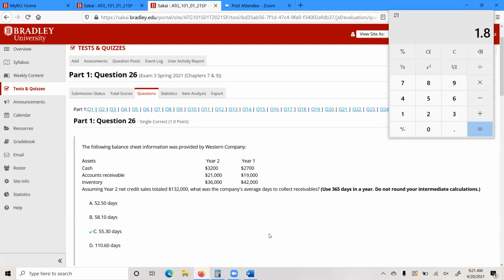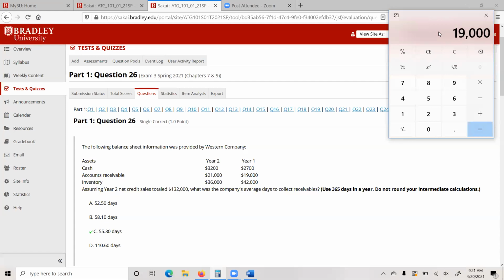It's actually 365 divided by accounts receivable turnover. So accounts receivable turnover needs to be calculated first, which is net credit sales, which is given to us in the paragraph below, divided by average receivables. Well, average receivables are going to be the balance of year 1 receivables plus year 2 divided by 2.